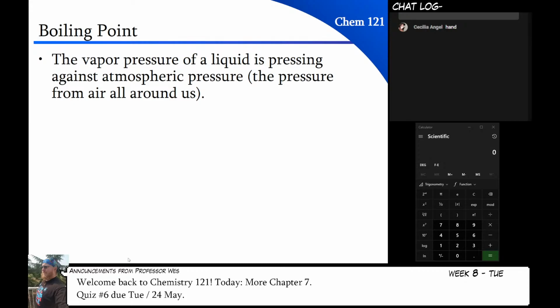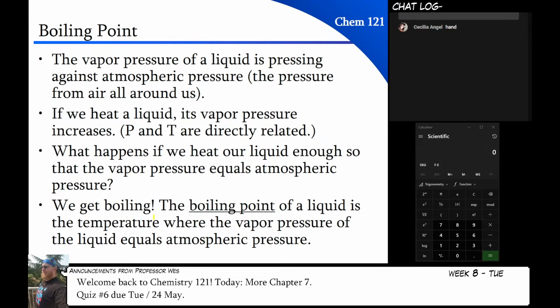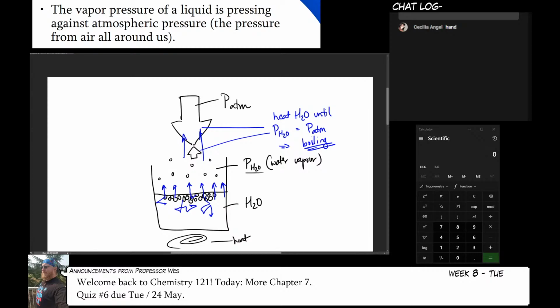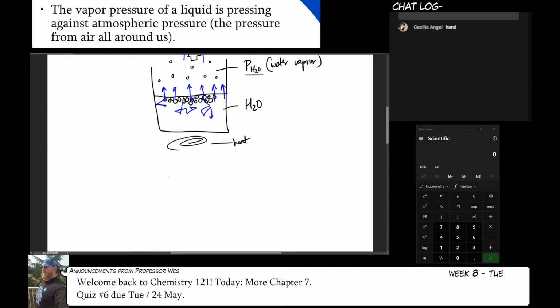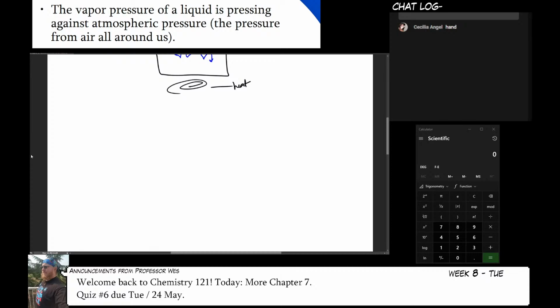Alright, so that's how we get boiling. We're going to call the boiling point of any liquid the temperature at which the vapor pressure of the liquid is equal to atmospheric pressure. Now, interestingly, this has consequences for you if you live in a particular area. So you might remember this diagram that we drew when we started talking about atmospheric pressure and stuff like that.